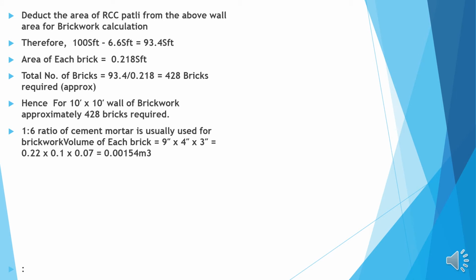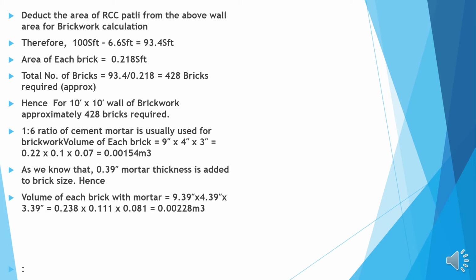Cement ratio is 1:6. The volume of the brick becomes 0.022 into 0.1 by 0.07, which makes 0.00154 cubic meter. As we know, 0.39 inches of mortar thickness is added to the brick size.